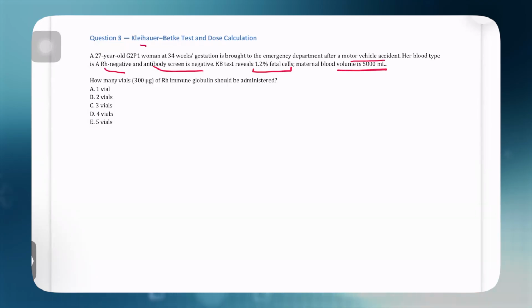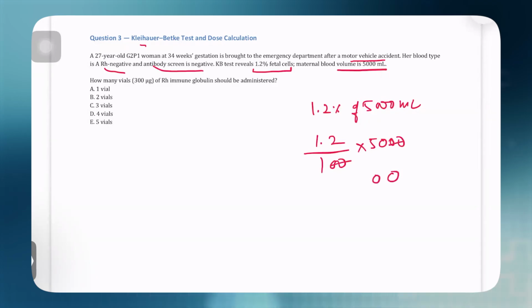So, what we see here is 1.2% fetal cells. Let us calculate: 1.2% of 5000 ml. This will be the equation, right? So 1.2 divided by 100 into 5000. So this is 60 ml of fetal blood in maternal blood.